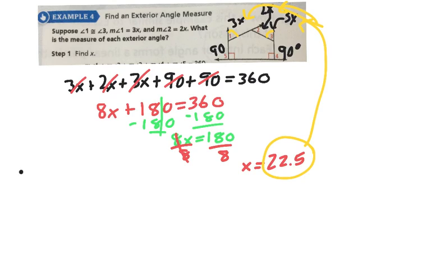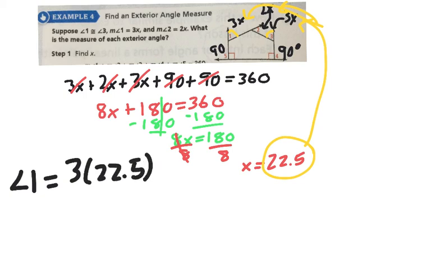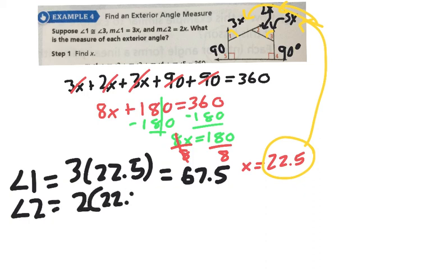Okay, so we know that angle 1 is equal to 3 times 22.5. Which when I multiply that out, that's going to give me 67.5. We see that angle 2 is 2 times x, which is 22.5.